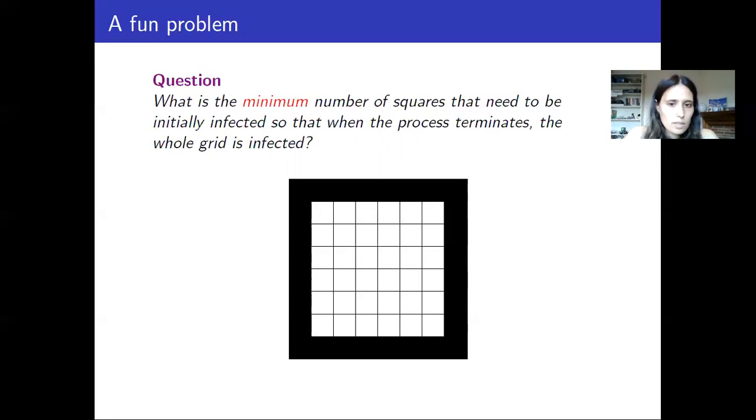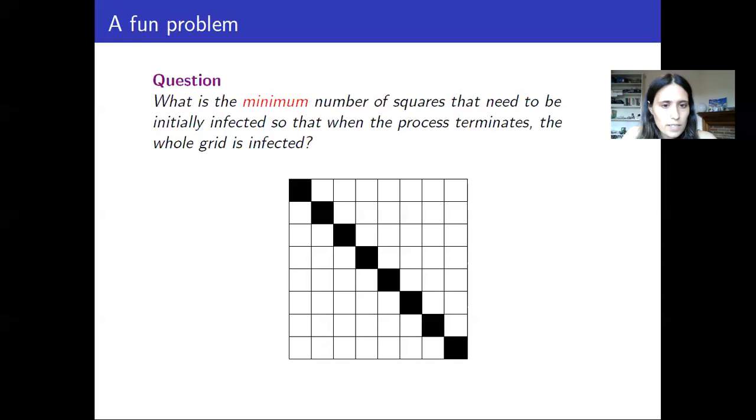And so playing with this, you realize that you can take more and more squares away, and hopefully some of you came up with some construction on n squares. So here, there are n squares along the diagonal, and this is an example of a set that will spread to hit the entire grid.